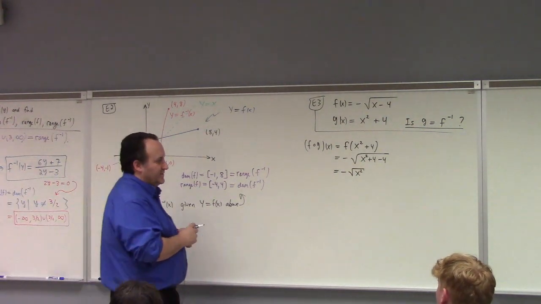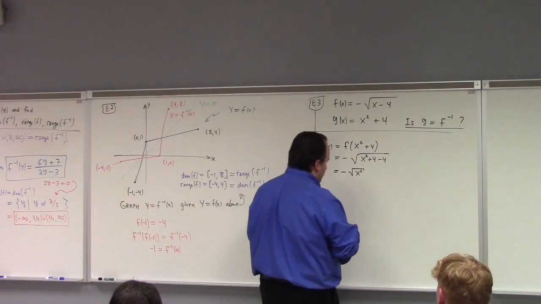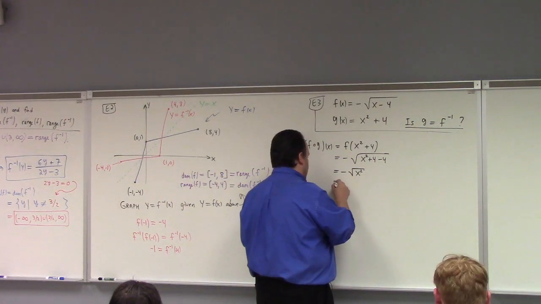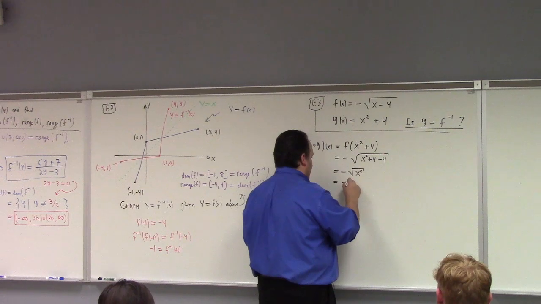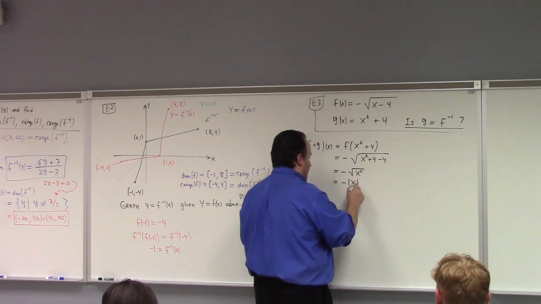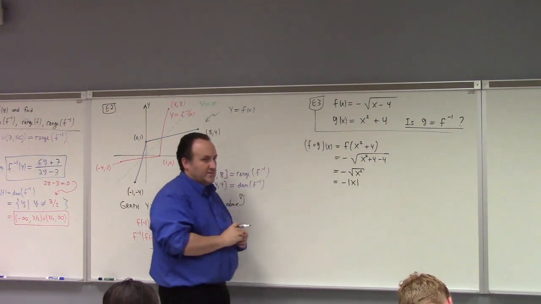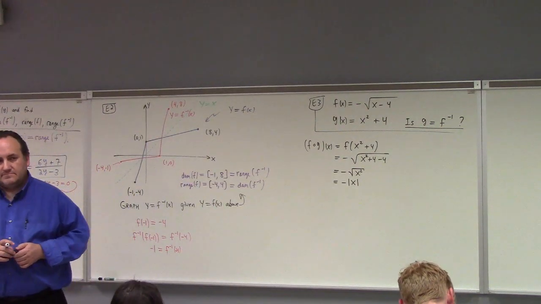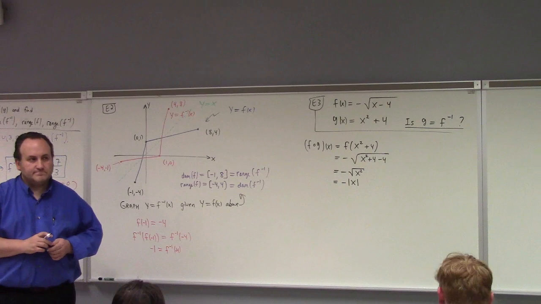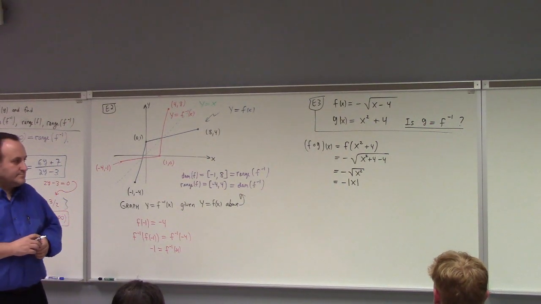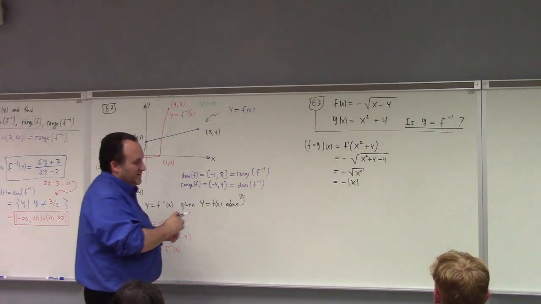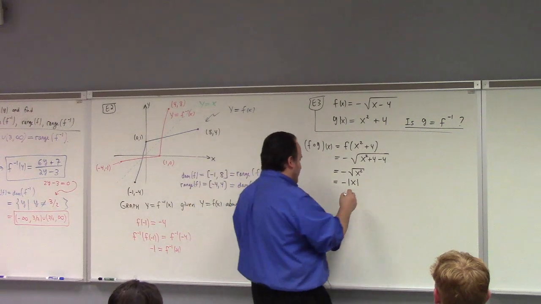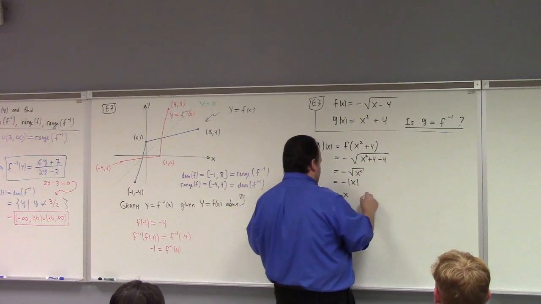I heard negative x, but what we should say is minus the absolute value of x, actually, is what you have here. Because the square root of x squared is the absolute value of x. All right. So this would be equal to x if what?